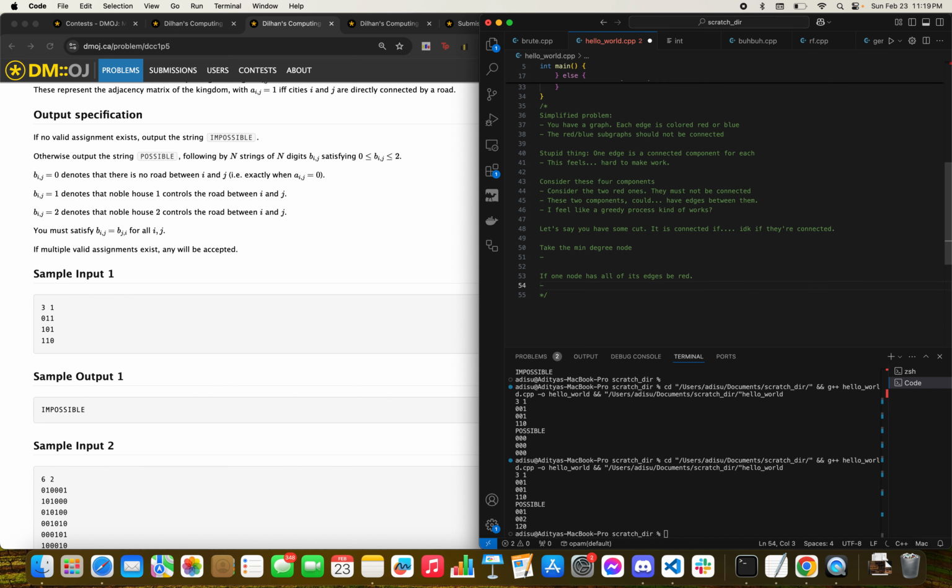If one node has all its edges be red, why does it even solve the original one? Oh yeah, because red edges can't reach everyone and blue edges can't reach everyone. What about red? In such a case, what happens?